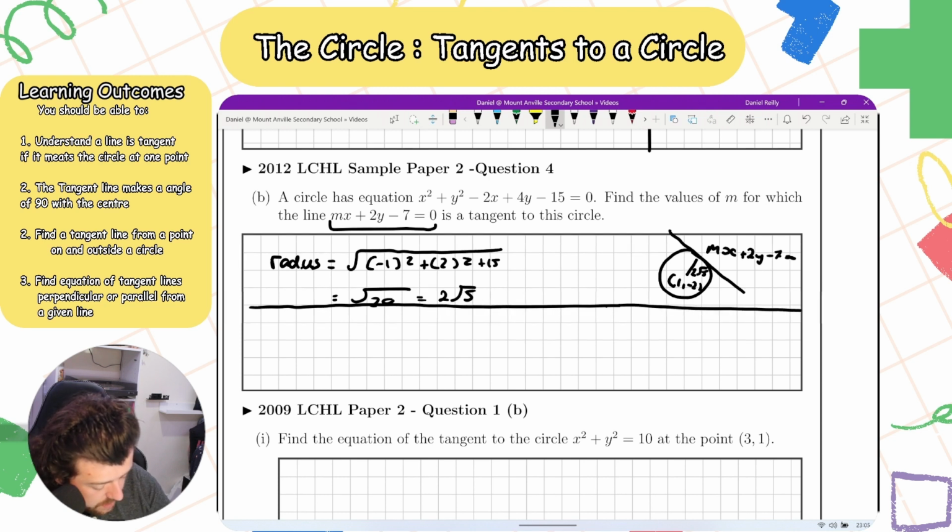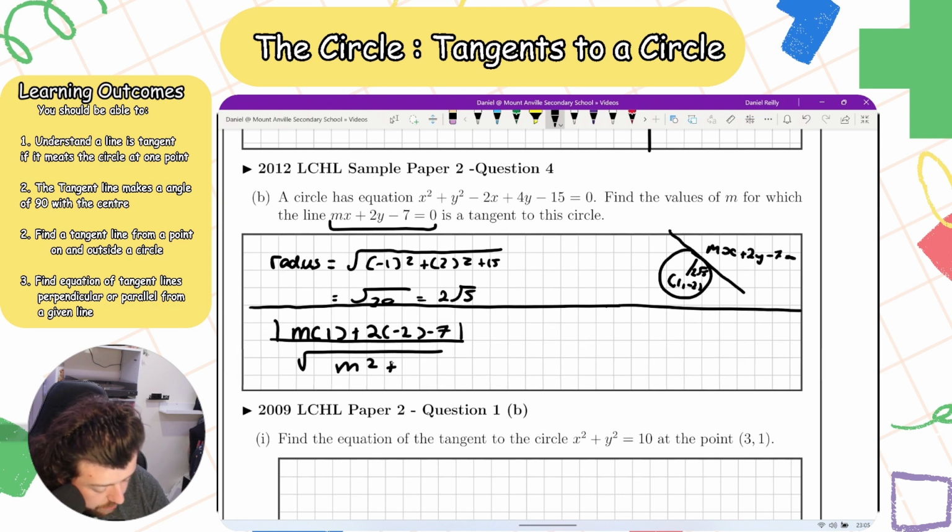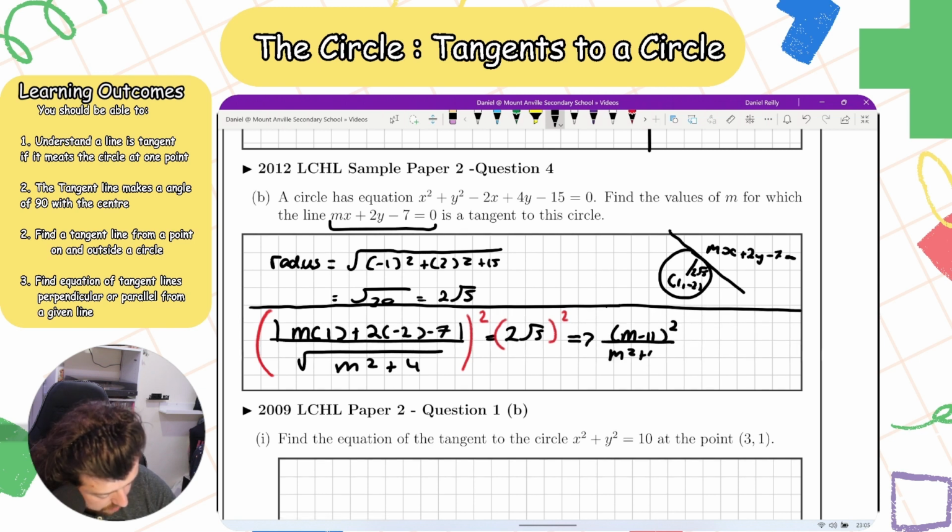And this line is mx + 2y - 7 = 0. So let's sub it into my perpendicular distance formula. So the absolute value of m times 1 plus 2 times -2 minus 7, all over the square root of m² + 2², which is 4, is equal to 2 root 5. Square both sides. I'm going to have on top (m - 11)² all over m² + 4 is equal to 20.